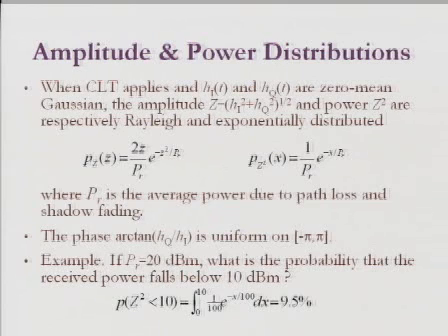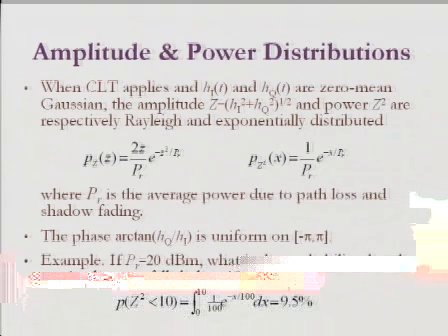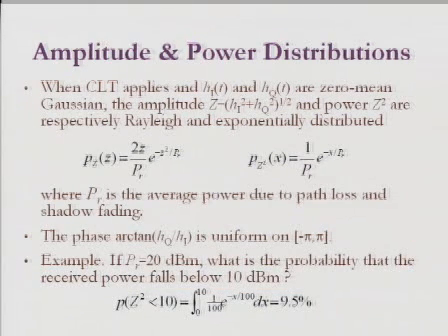We want to look at the distributions of the amplitude or the power, which is just the square of the amplitude. Under the central limit theorem, we've seen that Hi(t) and Hq(t) are Gaussian random processes because we have the sum of many components. So they're zero-mean Gaussian random processes. A property of complex random variables is that if the real part is Gaussian and the imaginary part is Gaussian also, the amplitude, which is the square root of the square of the in-phase plus the square of the quadrature, has a distribution called the Rayleigh distribution.